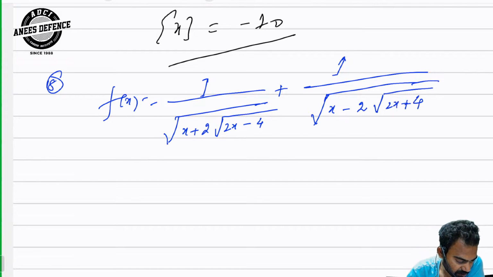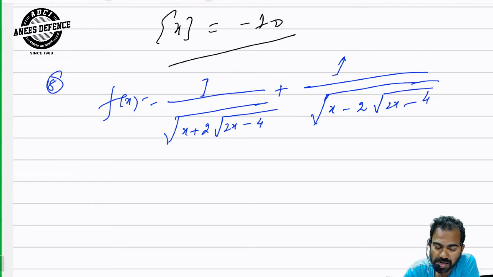So 2x minus 4 was wrong. Have to find f of 11.